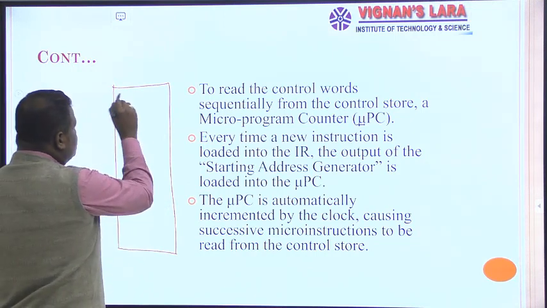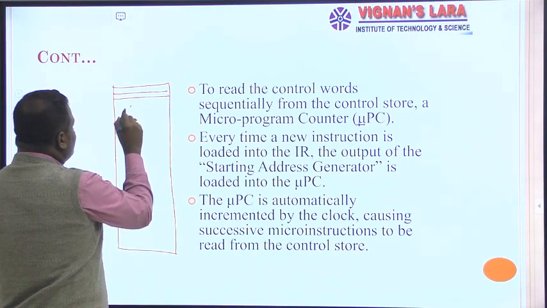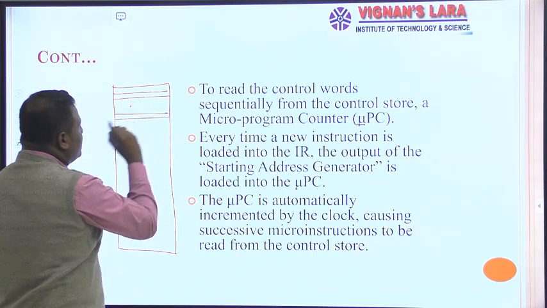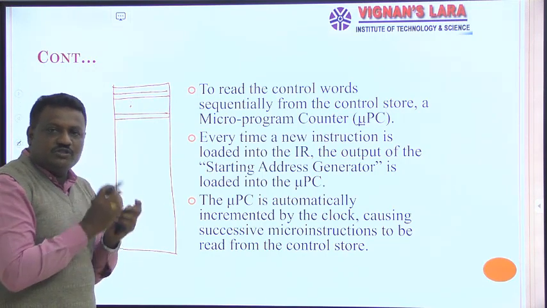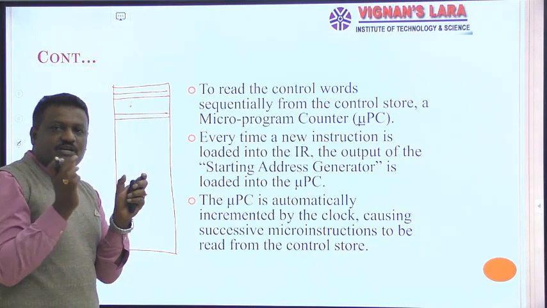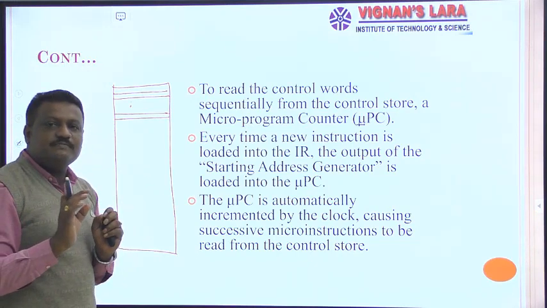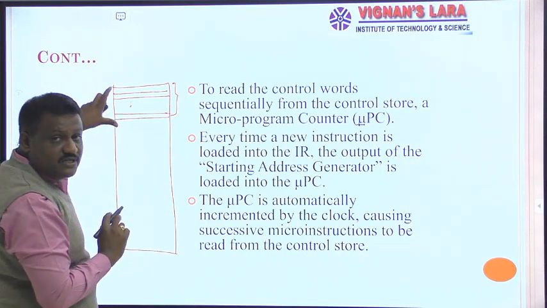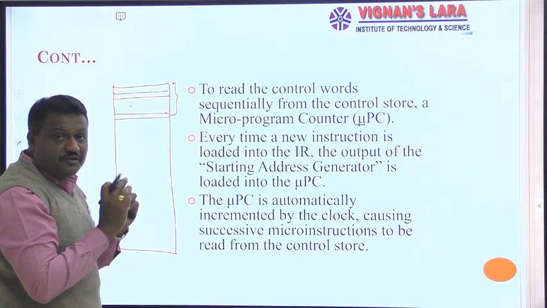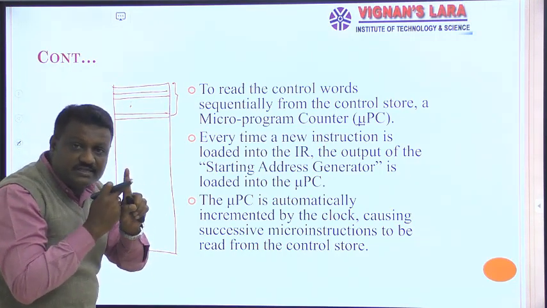For example, this is one micro program. A micro program is nothing but a group of micro instructions, and in this notation, instead of micro instruction, I can call it a control word. These are the set of micro instructions or control words which are necessary for execution of one particular instruction.